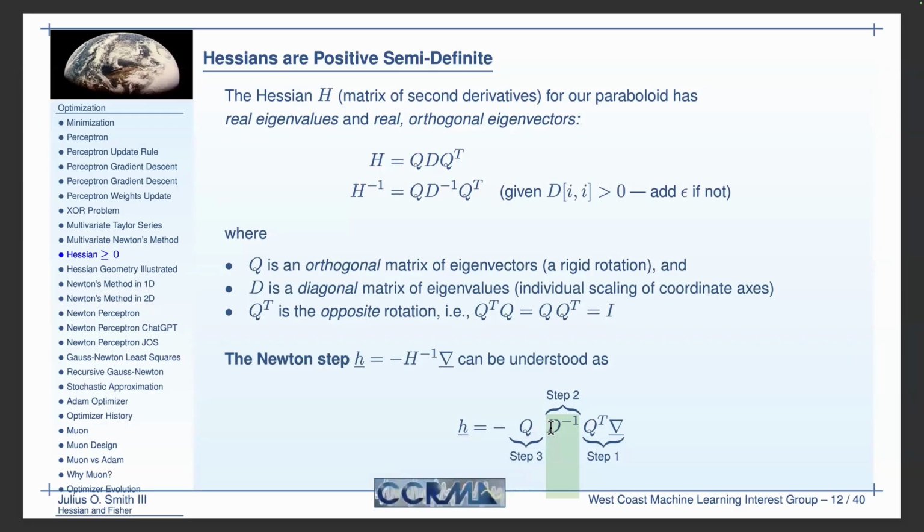So each coordinate gets divided by the curvature so that it becomes unit curvature. That makes it into a circle. So this rotates the ellipsoid to coordinate alignment. This normalizes the ellipsoid to make it a hypersphere. And then this just goes back to, we got to go back to the coordinates we came from, right? Because we're stepping in those coordinates.